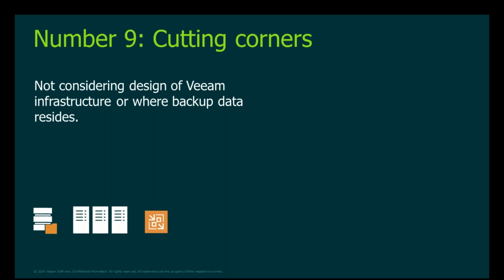I can't tell you how many times I have seen organizations put in the best, latest and greatest Tier 1 technology for storage and compute platforms. And they select Veeam, so they have a great software decision there. But then when you look at the actual backup storage and backup resources that have been put in place to manage and store the backup data, from a performance standpoint, it's really not that good.